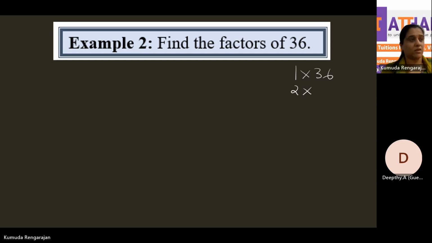Do this one, all of you. 2 18s are 36. Very good. Then 3. 3 12s are 36. Very good. 4.